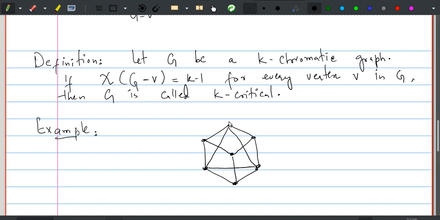That means its chromatic number must be 4. So let us give a coloring of this graph. Let us color this vertex by red and this by red. Now these two with blue color, and let us color these two by green color.